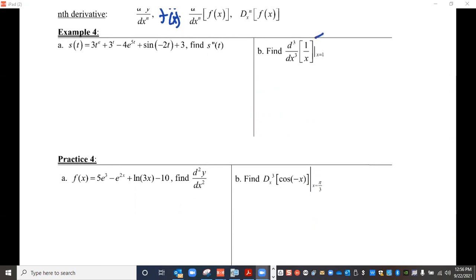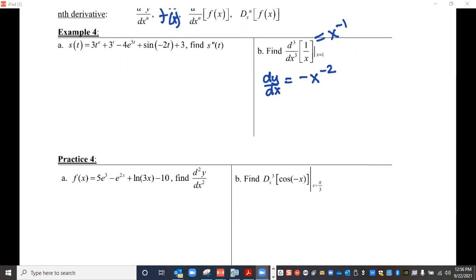Again, I know that 1 over x is equivalent to x to the negative first. So then to find my first derivative, I can use the power rule to find the derivative of x to the negative first. So that's going to be negative x to the negative second. And I'm not going to rewrite it with positive exponents because I know I have to calculate 2 more derivatives.